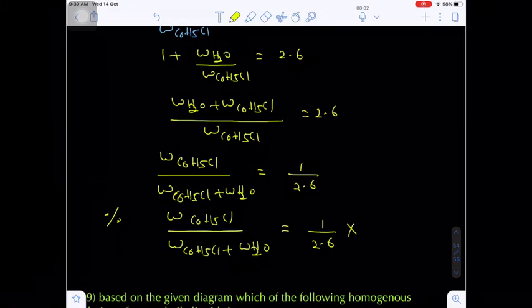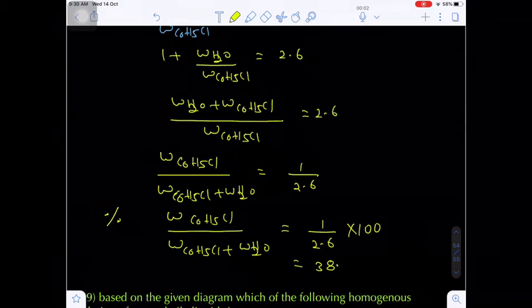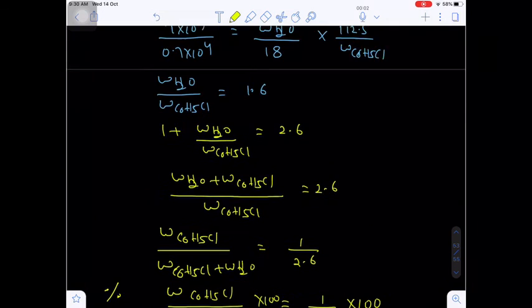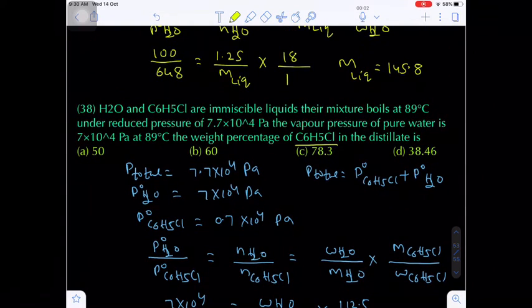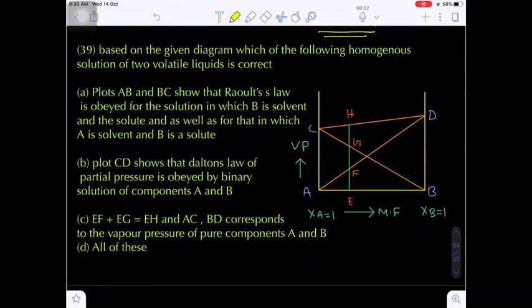Percentage is always multiplied with what? 100. So you will get 38.46 percent. Are you getting my point? 38.46 percent. This is the fourth option.